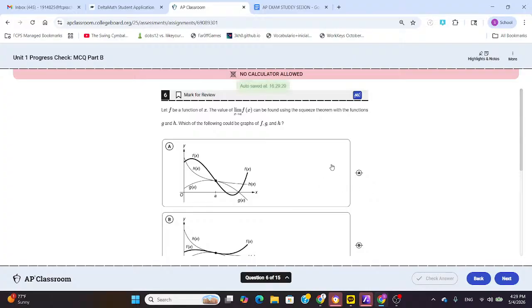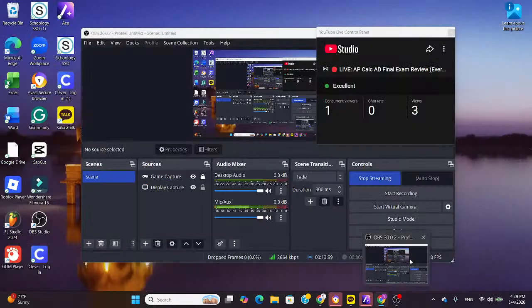Let f be a function of x. The value of the limit of f of x as x approaches a can be found using the squeeze theorem with the functions g and h. Which of the following could be graphs of f, g, and h?